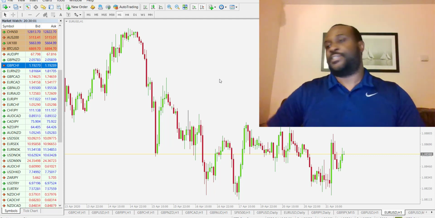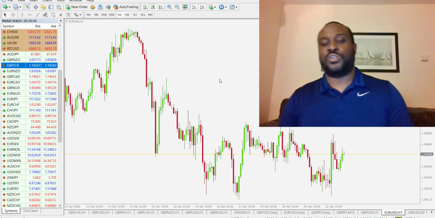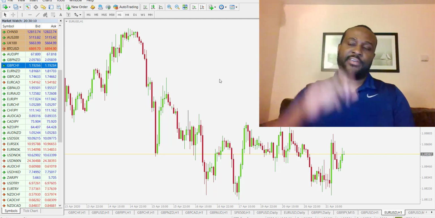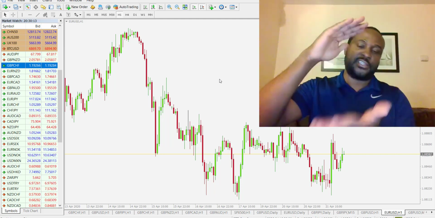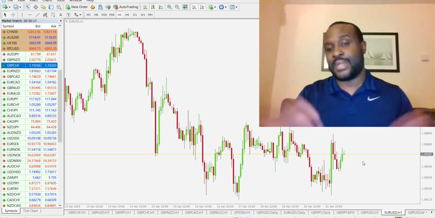You can decide it is 50 pips. You can decide it is 10 pips. But the smaller the stop loss from your entry, it means that there is little space for price to play. And as you can see, price moves up and down.